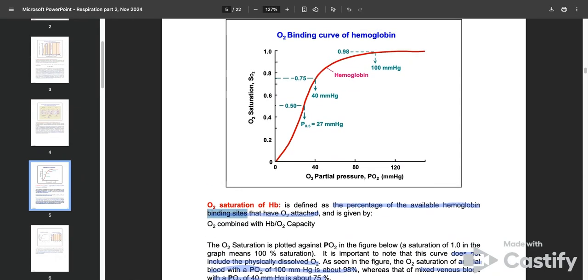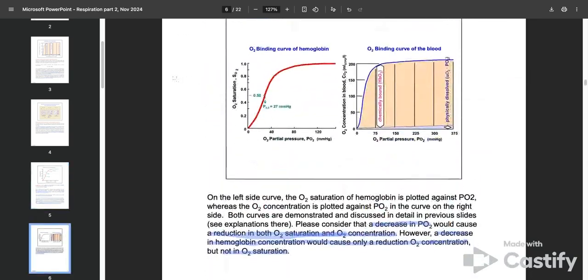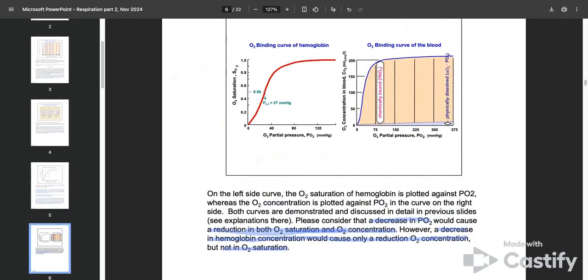So that basically gives us the affinity of oxygen with hemoglobin, or hemoglobin to oxygen. So that is not going to be affected if the oxygen partial pressure is decreased. It's still going to have the same affinity.